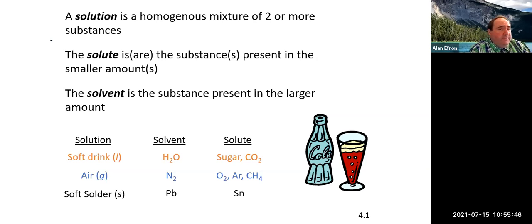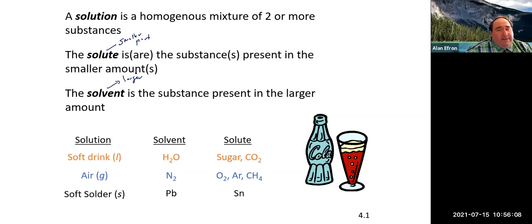And there are really two parts to a solution. The solute, which is the substance that's present in the smaller part. It's usually the stuff that you dissolve in the larger part of the solution, which is the solvent.